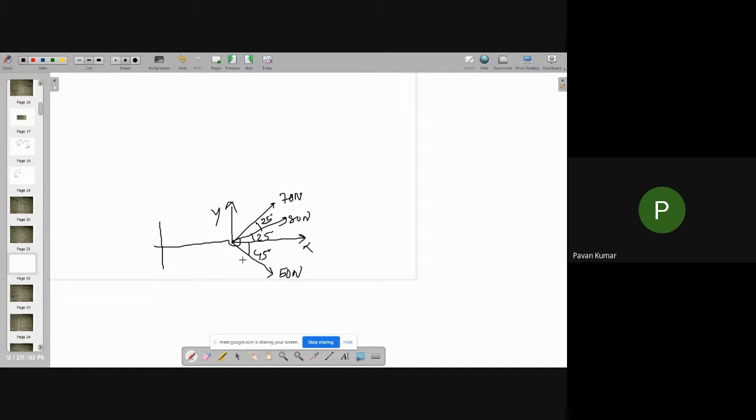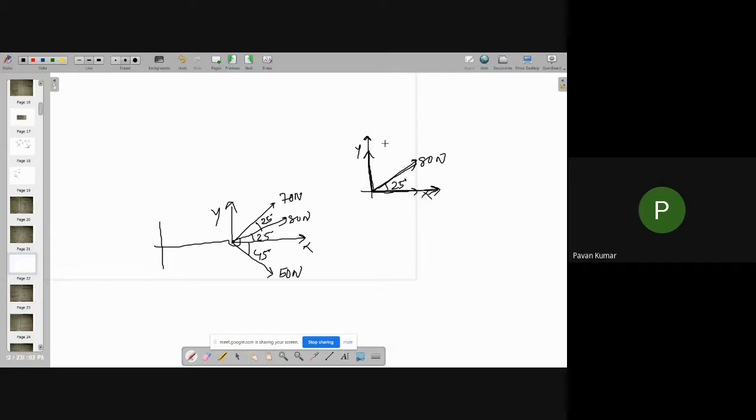So first we will take the 80 Newton one. This is our global x and y, and it is our 80 Newton, which is making an angle 25 with the axis. I already told that if it is originating from this, then its x component will be in this direction, and its y component will be in this direction.